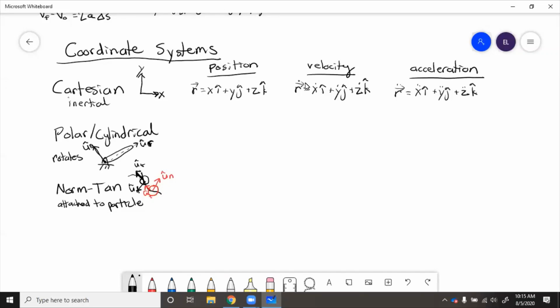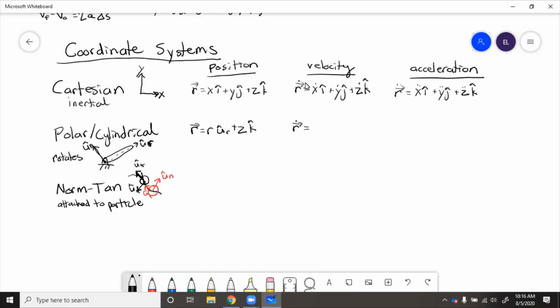Then polar and cylindrical, we have r equals r in the ur direction plus z in the k hat. If it's cylindrical, we include the z. Then for velocity, r dot, since this system rotates with the particle, we have to use product rule and take derivative of r and ur.